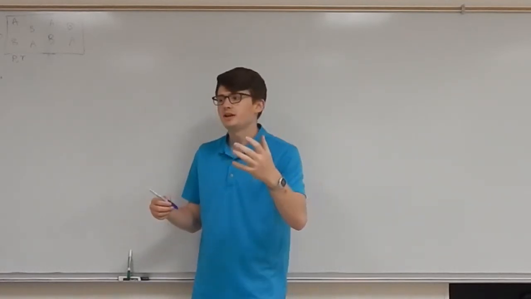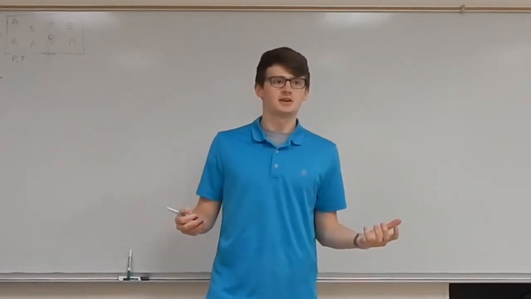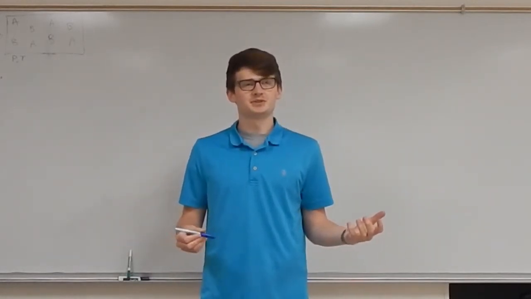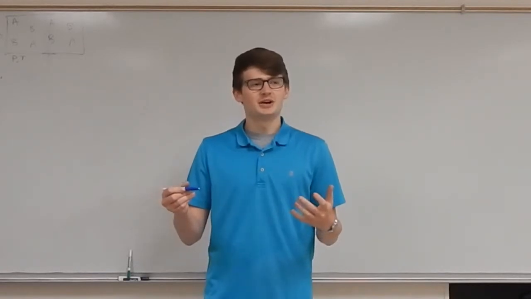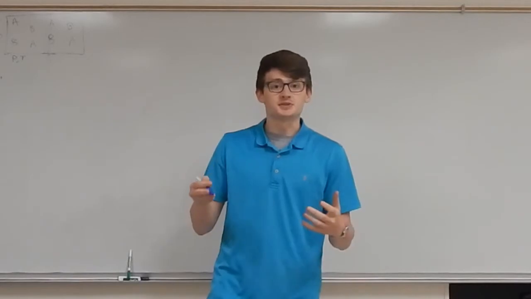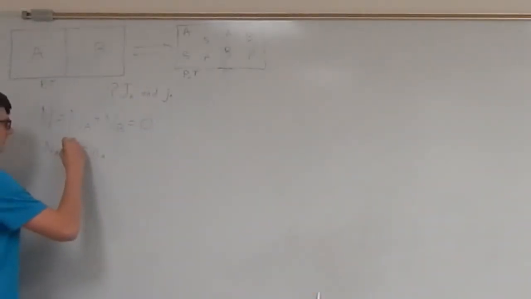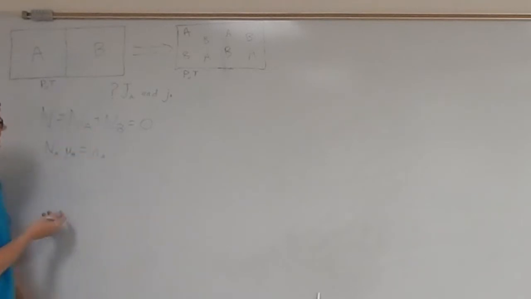The quantity in molar flux is moles, the quantity in mass flux is mass. So to relate those two, we just need to know the relationship between mass and moles. That's pretty easy, that's the molecular weight. That's how you relate mass flux to mole flux.